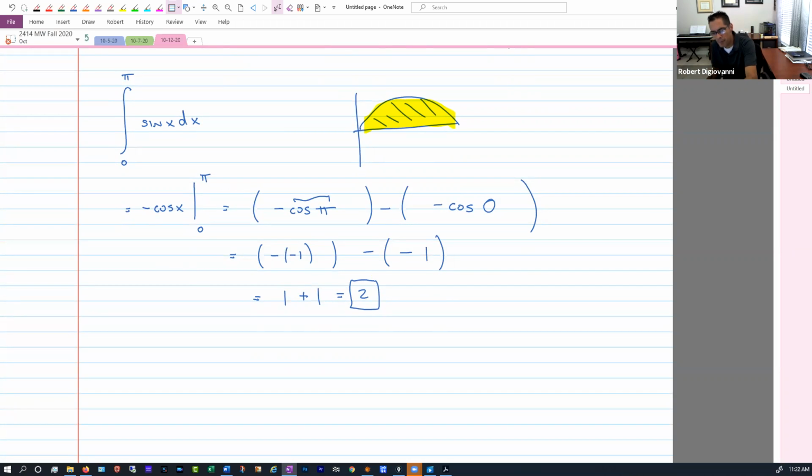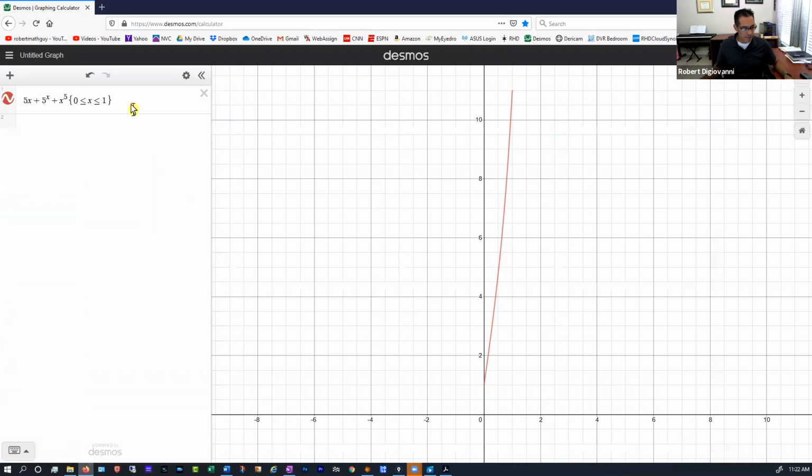Okay, how about this one? How about the integral from 0 to 2 pi of x squared cosine x dx? Let's look at it first. I'll graph it first.